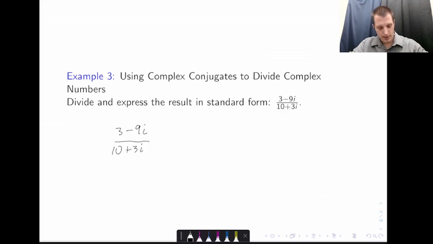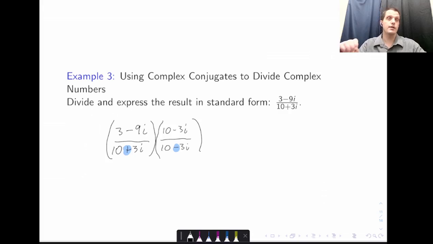So we're going to use the complex conjugate, what we just learned about, but we need to somehow get rid of the i in the denominator. So we're going to use that complex conjugate, but we're going to use it as the number 1. What? Yes, so we're going to multiply this fraction by the number 1, but it's going to be 10 minus 3i. We switch those signs, so that way it's the complex conjugate. But since we want it to be equal to the number 1, we need to also do it on the top.